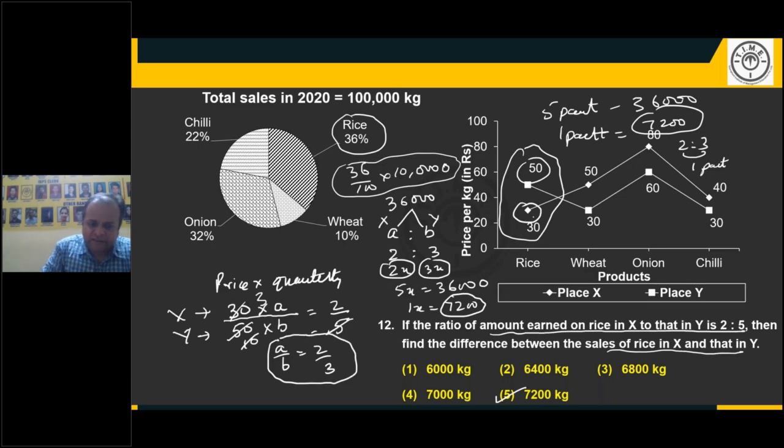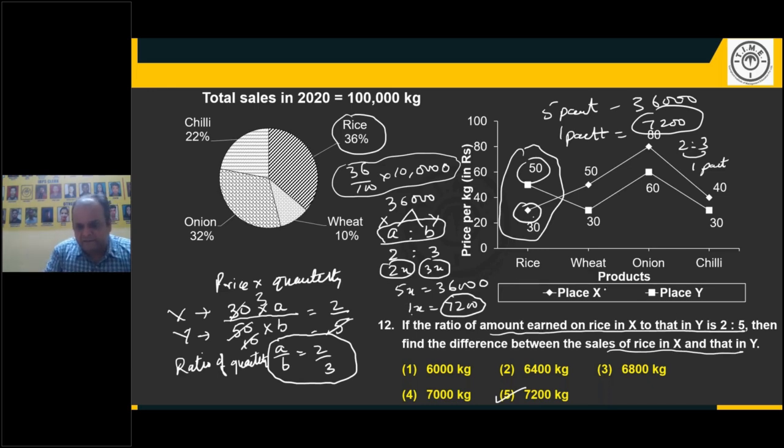This 2:3 is not the ratio of the amount. This is the ratio of the quantity at place X and at place Y. Once we have the ratio of quantity, then we know the total is 36,000, and that we divide in the ratio 2:3, and then we get the difference as 7,200.